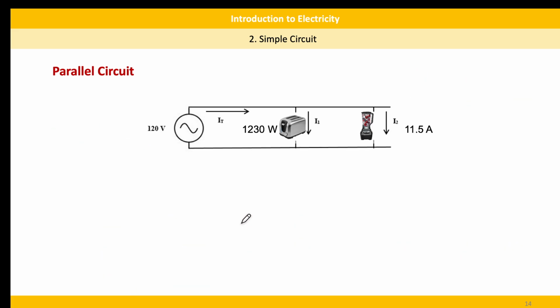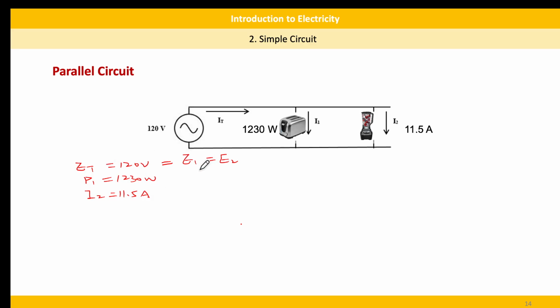And then let's say parallel circuit. So given information, let's again see the given information. ET is 120 V. P1 is 1230 W. I2 is 11.58 A. So parallel circuit, the voltage is same. Okay, E1 same as E2.